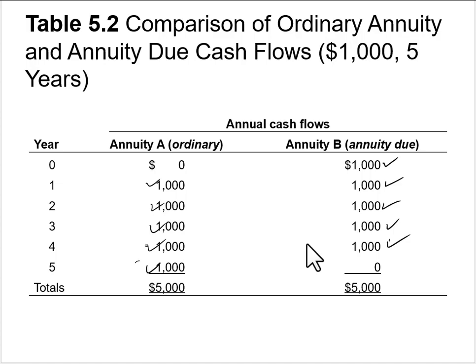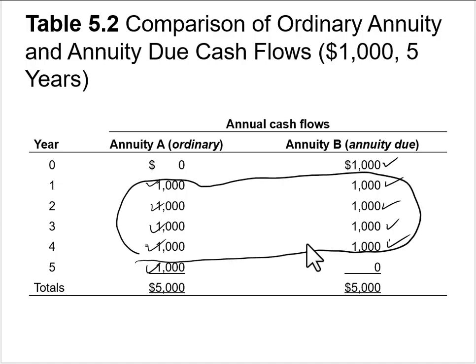So the question here is, what's the difference between these two cash flow streams? Well, if you look at the middle, all of these are the same, so their growth is always going to be the same. What's going to be different is this cash flow that you make today is going to grow 5 times. This cash flow that you make at the end of the 5th year doesn't grow at all.